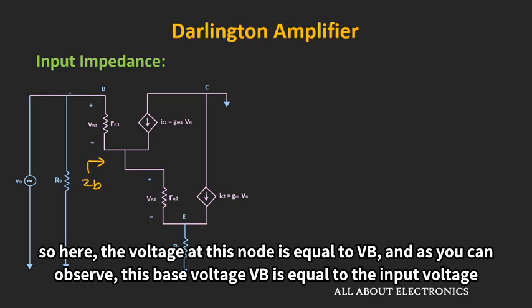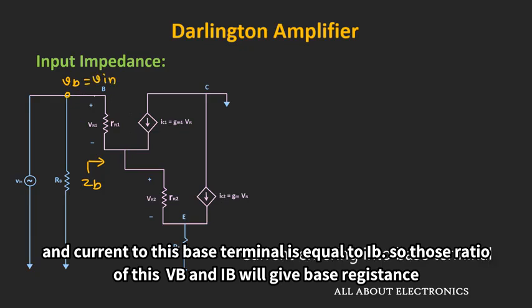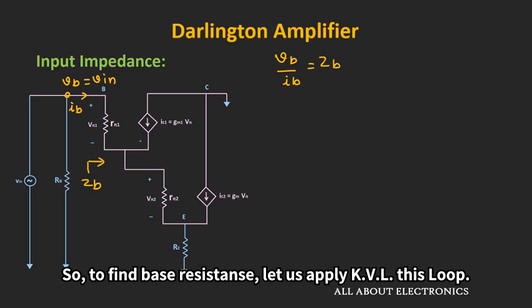Here the voltage at this node is VB, and as you can observe, this base voltage VB is equal to the input voltage, and the current into this base terminal is IB. The ratio of VB and IB will give us the base resistance. To find this base resistance, let us apply the KVL in this loop.